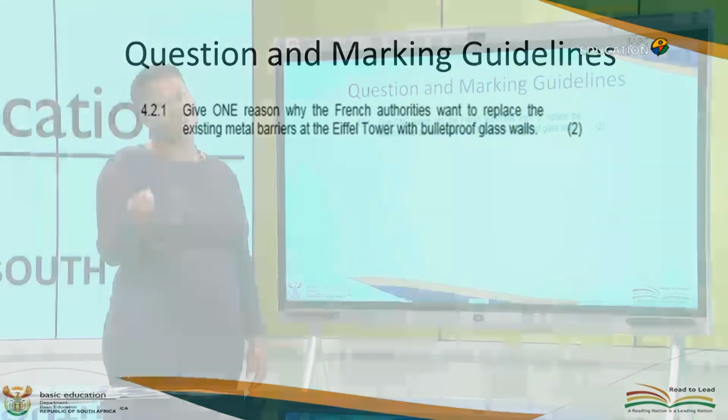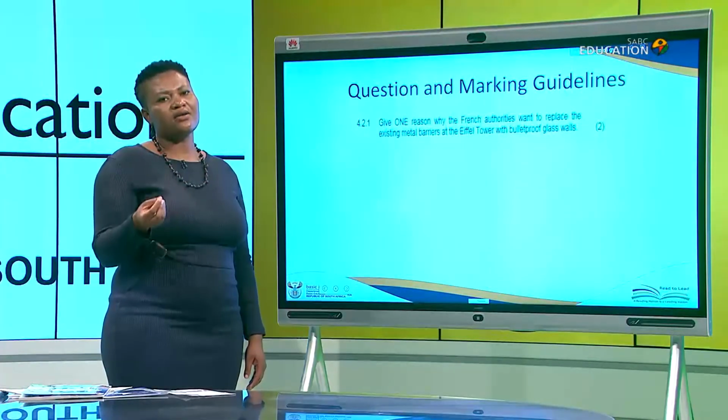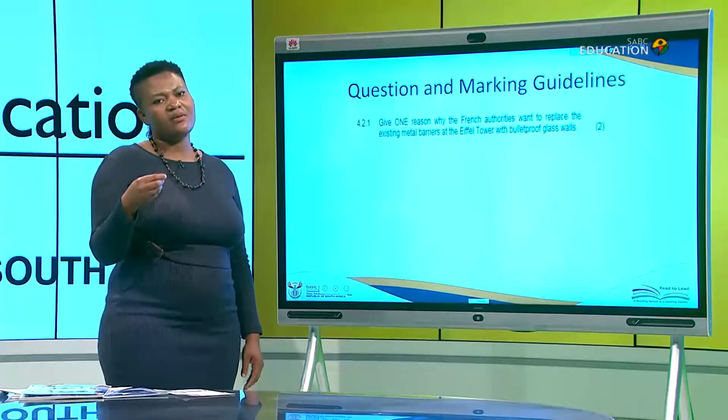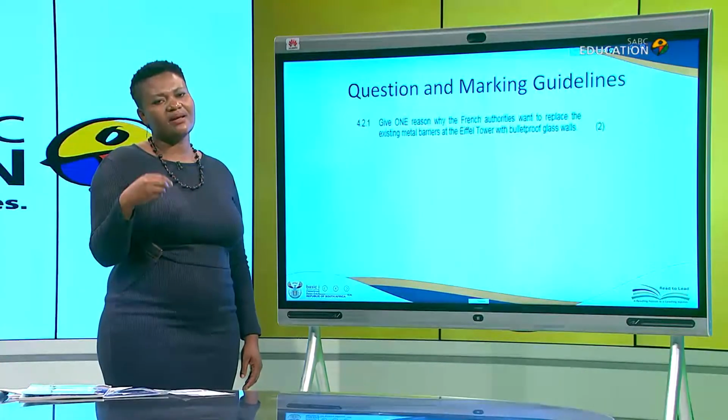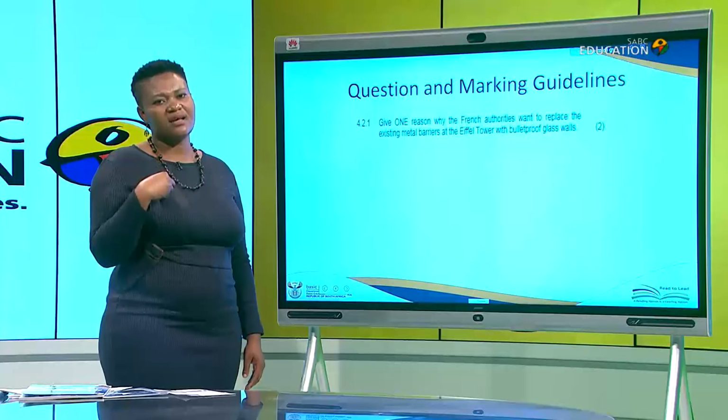Once you understand the question, you also check the mark allocation. The mark allocation will guide you to the length of the answer that is expected from you. And remember what I said with case studies. You read them for the first time, you read the questions, and then you go back and read the case study again and attempt to answer the questions.